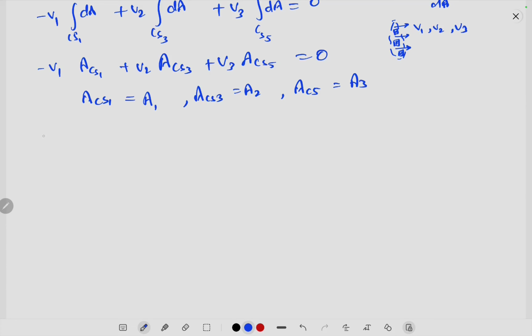These are known to us. So this would become minus V1 A1 plus V2 A2 plus V3 A3 equal to 0.